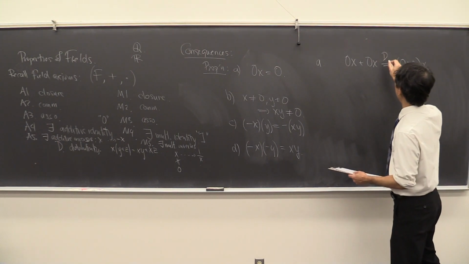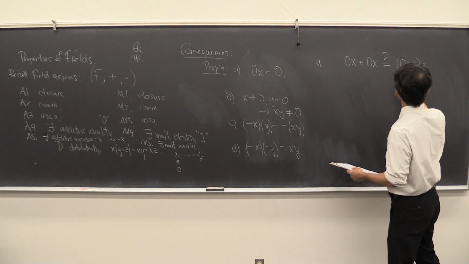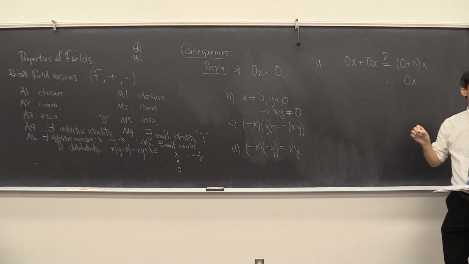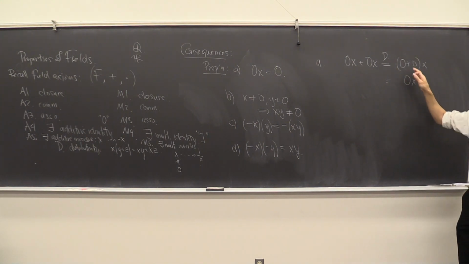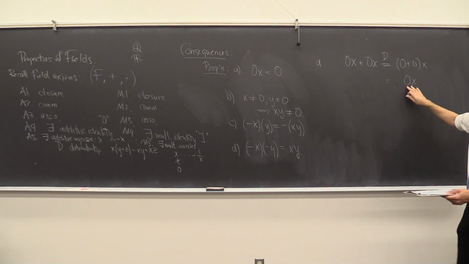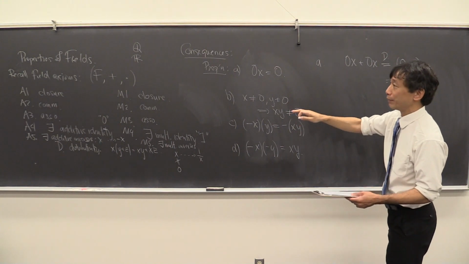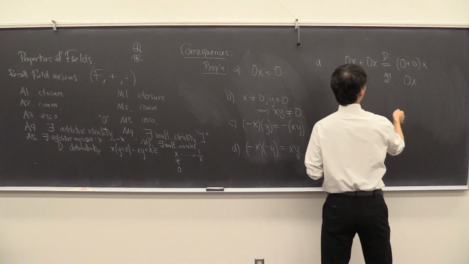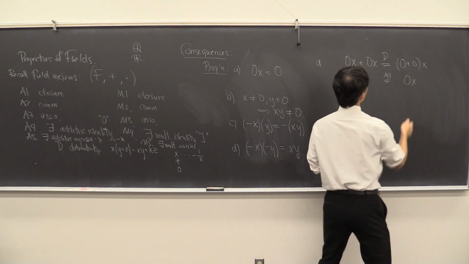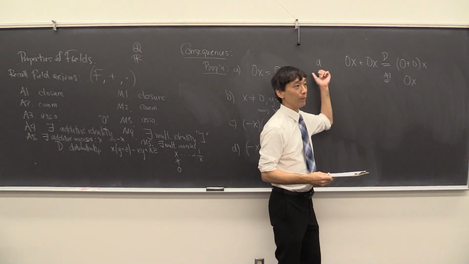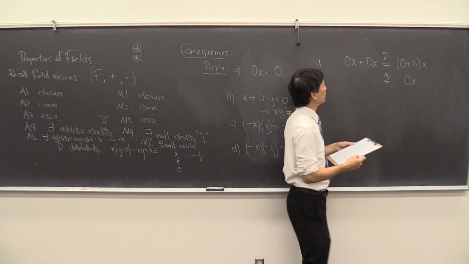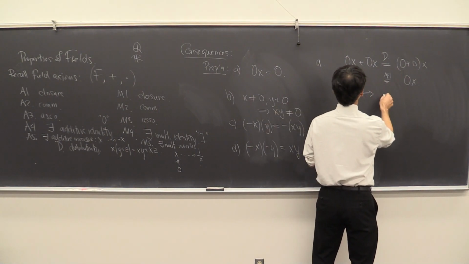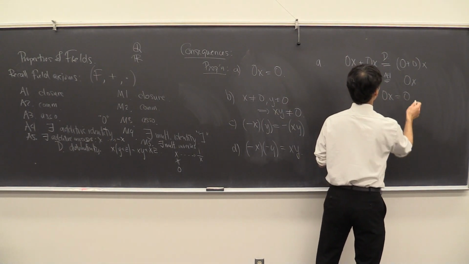So by distributive property, using that. And then 0 plus 0 is 0, right? So you get 0x, right? Because 0 plus 0 is 0, by A4, say. Right? And then now we use cancellation, right? So from the previous proposition, we can do cancellation. And so we get that 0x is equal to 0.